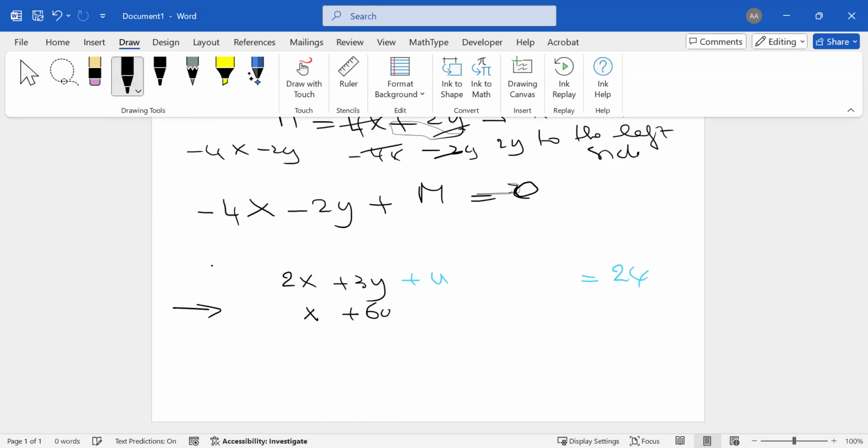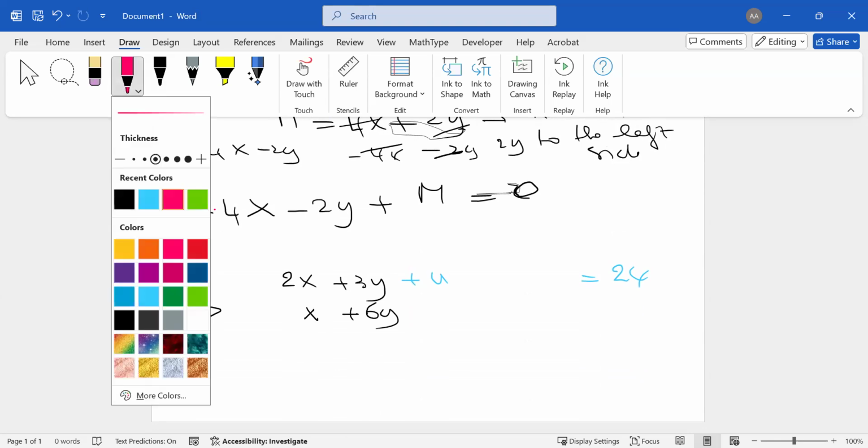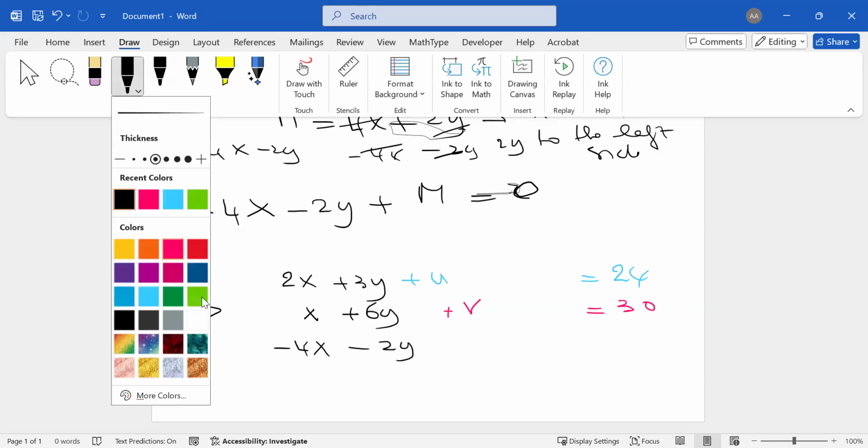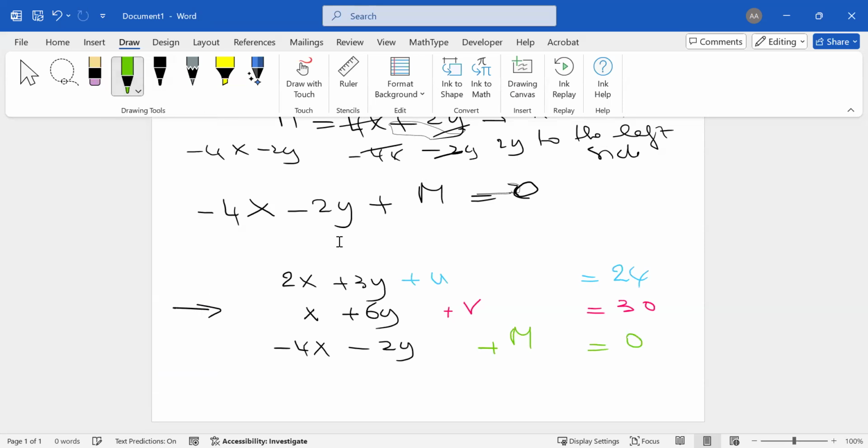As you can notice here, I'm already writing my variables with each variable in its own column. And now lastly, I'm going to write the objective equation, which is negative 4x minus 2y plus m equals 0.